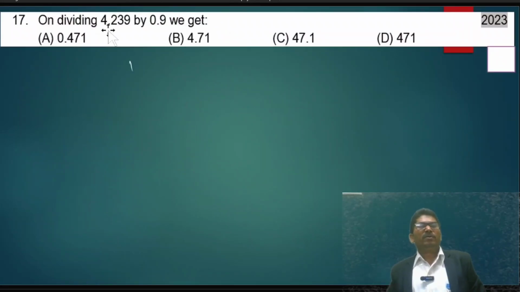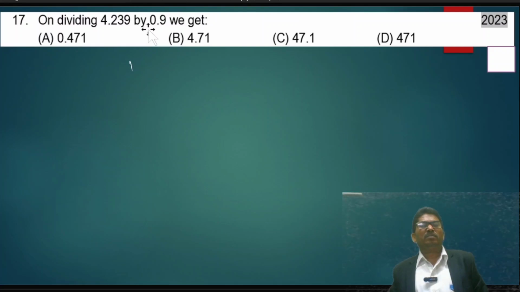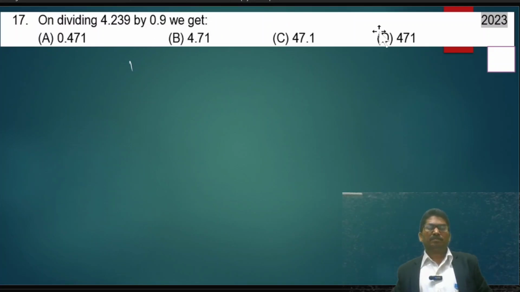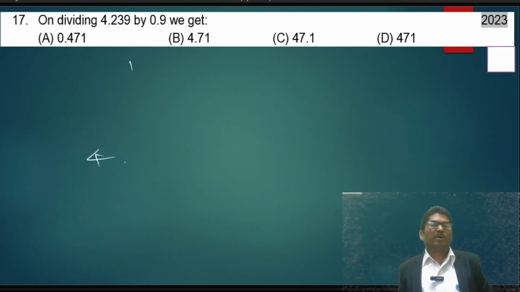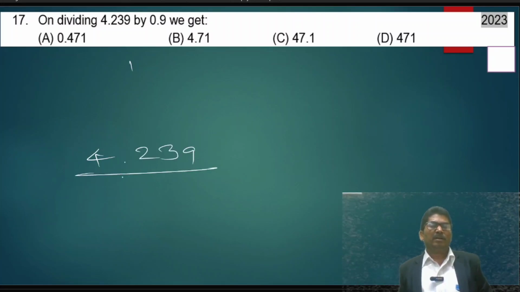17. On dividing 4.239 by 0.9, we get dash. After solving the problem, we can choose the best answer. 4.239 by 0.9.